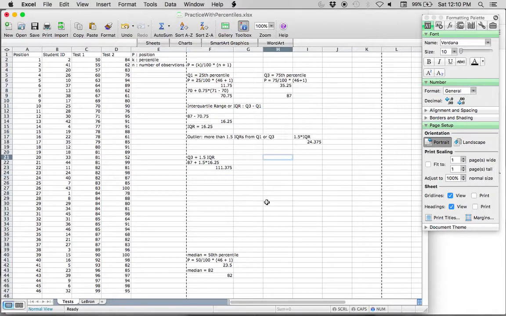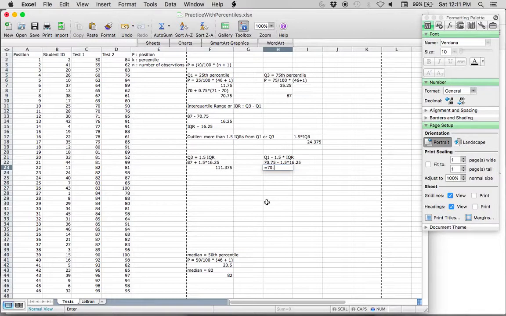How about below Q1? Q1 minus, we have to do minus here because it's below Q1, 1.5 times IQR. Q1 was 70.75 minus 1.5 times IQR 16.25.